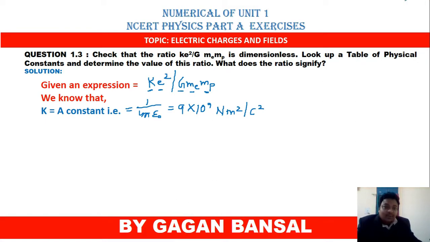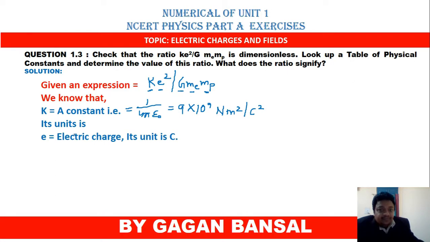So first I have taken k, which is a constant whose value is 9 into 10 raised to the power 9, and unit is Newton meter square per Coulomb square. Second, e, that is electric charge, its unit is C, that is Coulomb.